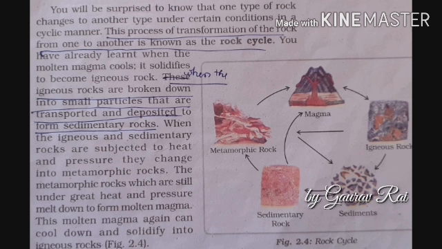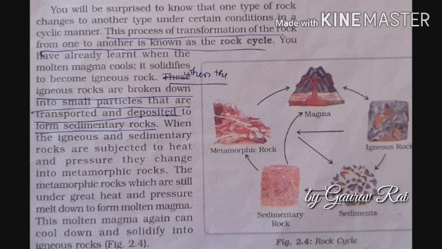And when the igneous and sedimentary rocks are subjected to heat and pressure, they change into metamorphic rock. And the metamorphic rocks which are still under great heat and pressure melt down to form molten magma. This molten magma again can cool down and solidify into igneous rocks.